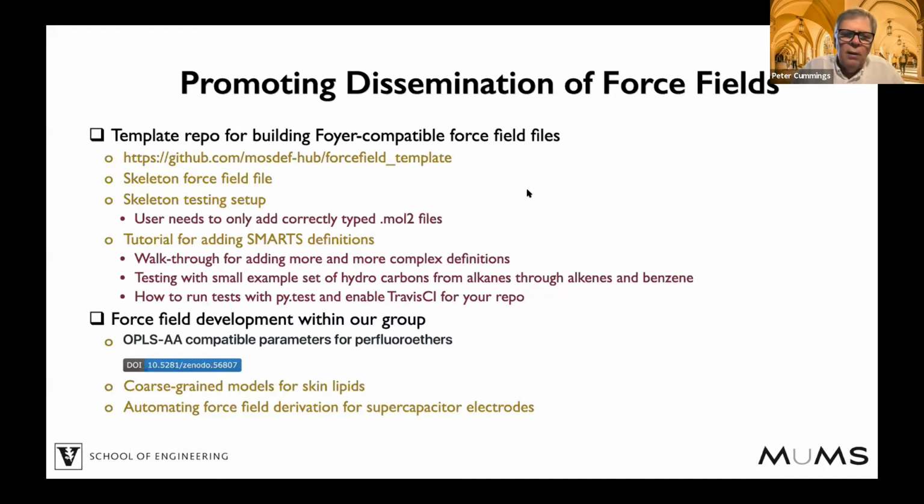We also have the capability of giving the force field a DOI, so that in a publication we can refer to that force field, and it will take you to that force field data in FOIA, so that you know you're using exactly the same force field as was published in the paper that first presented it. I do a lot of work in supercapacitors. Claire McCabe does a lot of work with coarse grain models for skin lipids. These are ways in which we can disseminate those force fields.